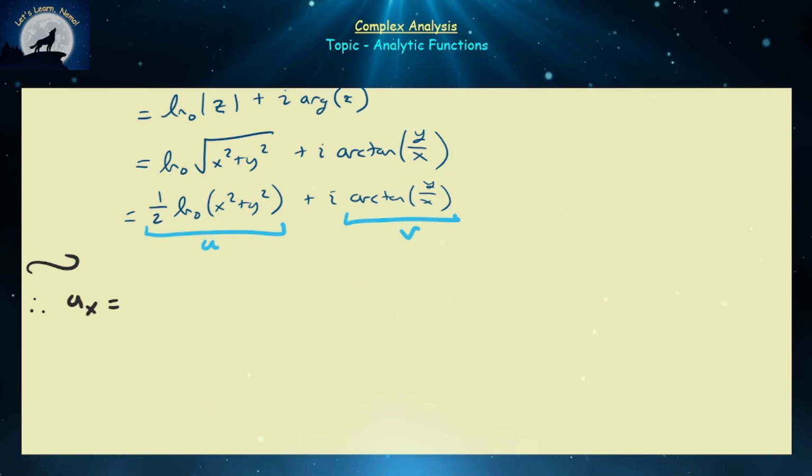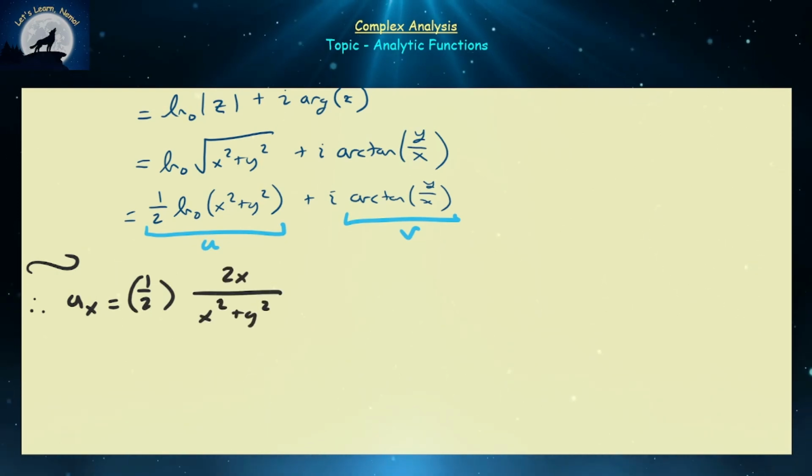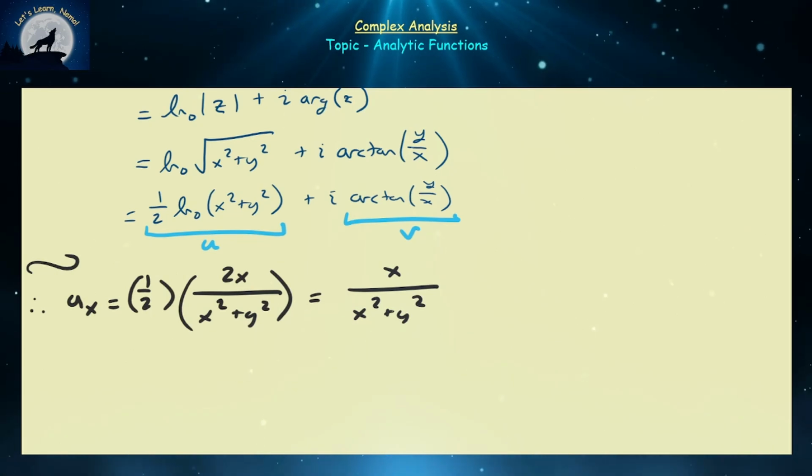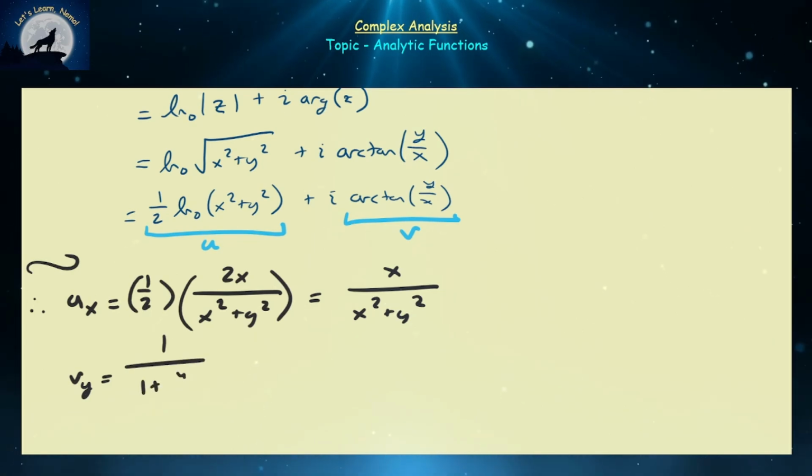So the partial derivative of u with respect to x is going to be equal to 1/2 of, if we take u with respect to x, that's going to give us 2x divided by x squared plus y squared on the bottom. Which we can just simplify to be x divided by x squared plus y squared. And then if we look at v_y, that's going to be equal to what? That's going to be 1 over 1 plus (y over x) quantity squared, and then times the derivative of that with respect to y.